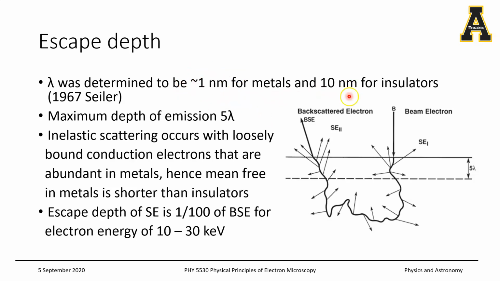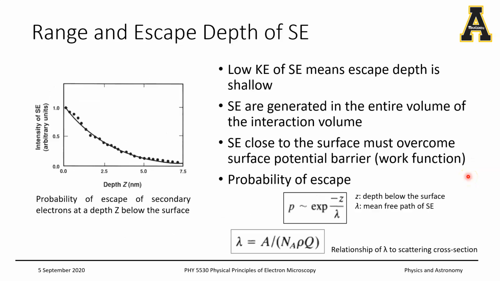And it was found that the maximum depth of emission is about 5 lambda. So if you correlate that to the relationship here, in case of a metal, if you have lambda equal to 1, and this lambda is not the wavelength of the electron, this is the distance of the mean free path, so about 5 nanometers means this is 5 lambda, right?